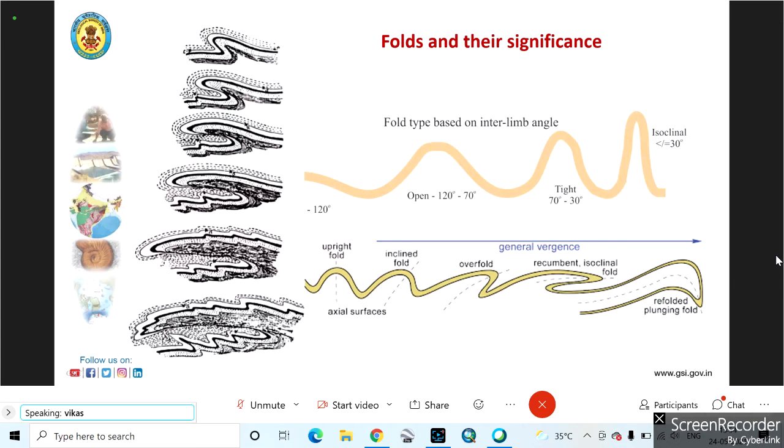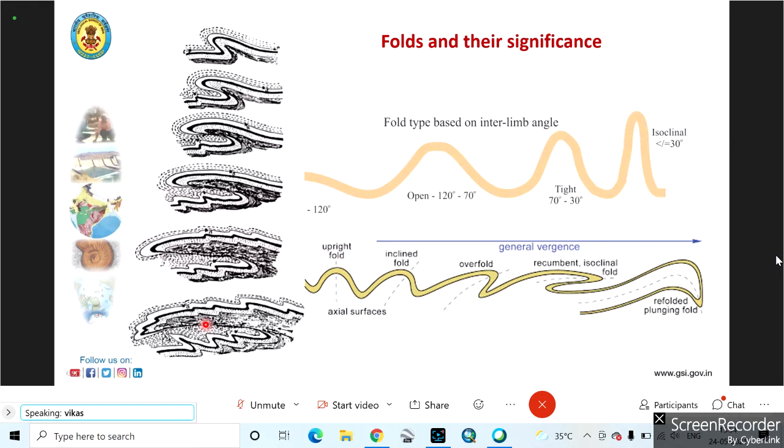You can see that there is a line between the two hinge planes. They have been totally disconnected now, and this plane you can call a thrust plane. If the upper part, what we call the hanging wall, moves for kilometers, generally there is a controversy, or you can say people are still trying to figure out what distance we will call a nappe actually. But some people consider that if it has moved, say, 3 kilometers or 5 kilometers, we can call it a nappe. Otherwise, they do not call it a nappe. There are examples.